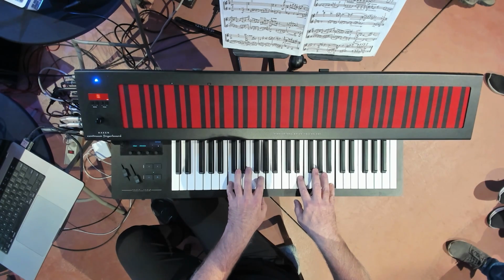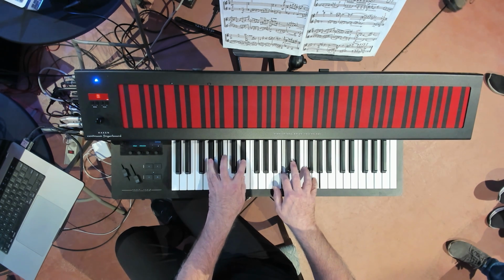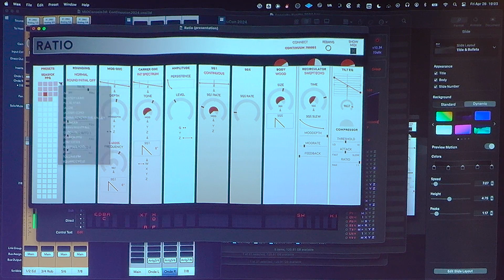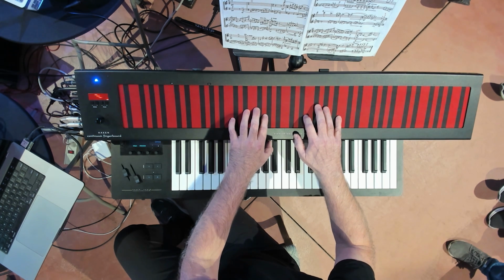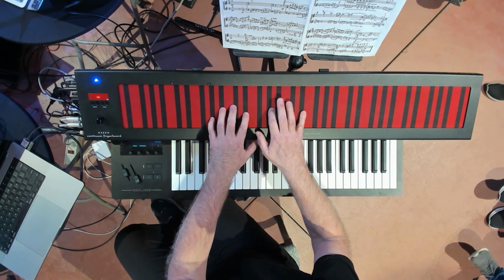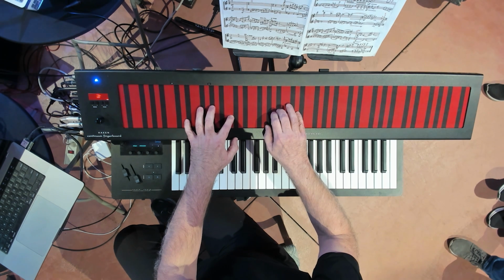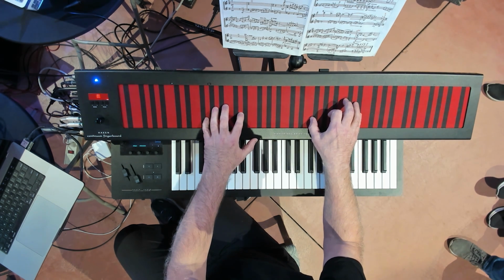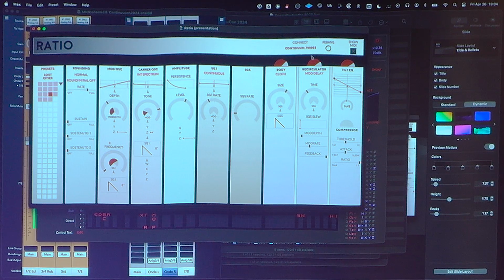Seasick PPG. So let's play around with this, and I'm going to take off the effect.